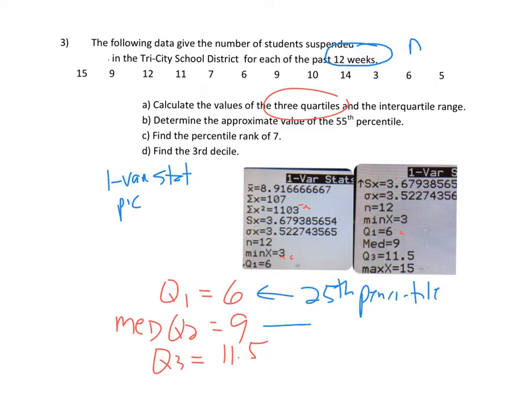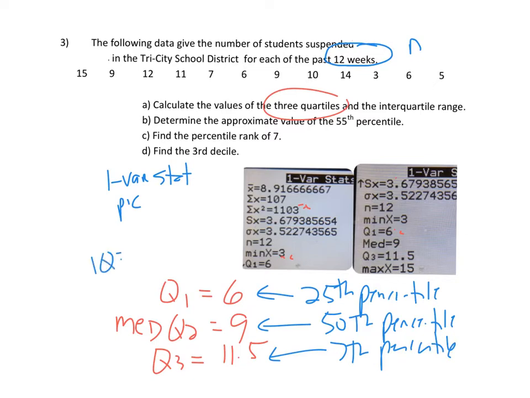The median, Q2, is the 50th percentile. And Q3 is the 75th percentile. Here our IQR, interquartile range, is Q3 minus Q1. Looks like here you have 11.5 minus 6, or it looks like you're going to have 5.5.